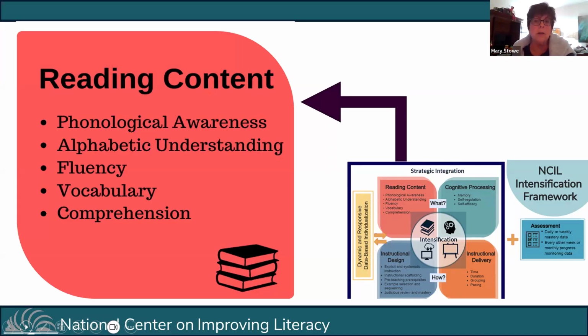Our ultimate goal is around comprehension, but we need to make sure that we include the other pieces that are so very important in thinking about reading instruction. We know a lot from research in regard to each of these content components, and we know how they interweave to begin to lead students to being able to comprehend what they read.